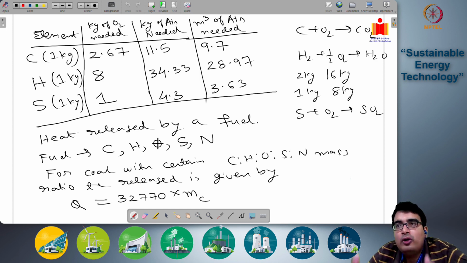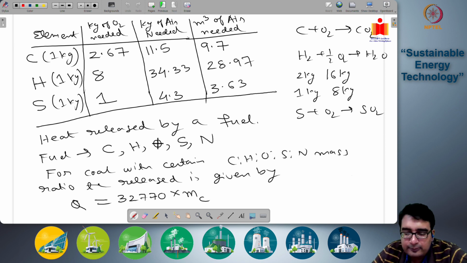Okay, only the part of hydrogen which is not present as part of moisture in H2O is generating heat, because water will simply evaporate. It will not burn, right? Now what is H2O? H2O is water which contains 2 kg of hydrogen per 16 kg of oxygen, correct?